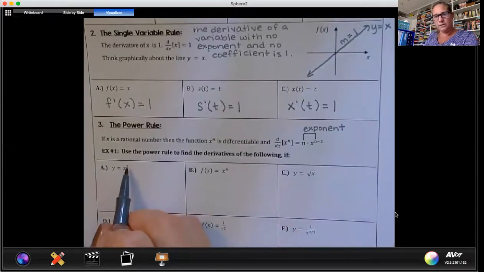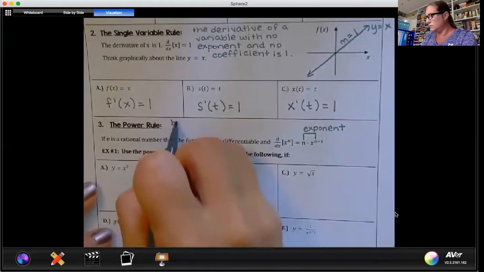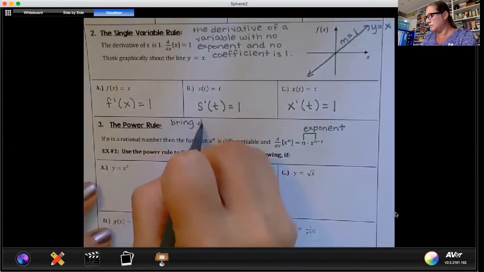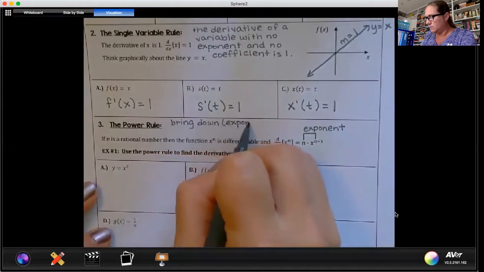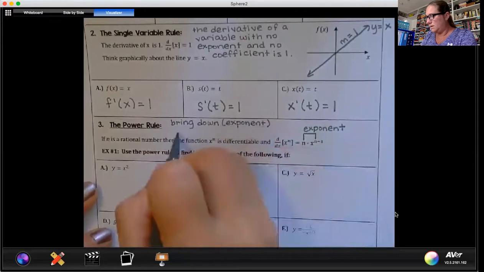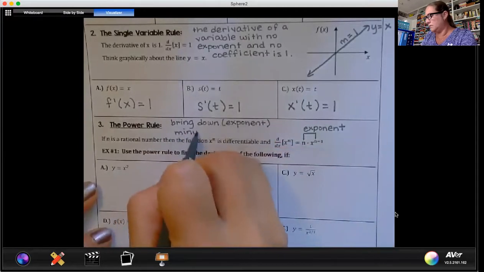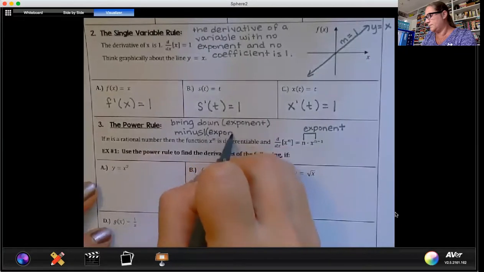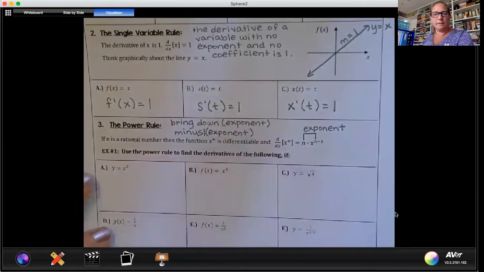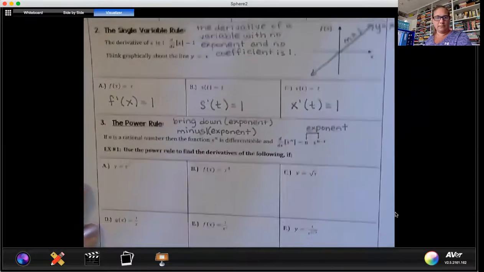So here is how that works. The exponent is 2. You'll hear me say for this particular rule, bring down, that means the exponent, and then minus 1, also the exponent. So bring down minus 1.